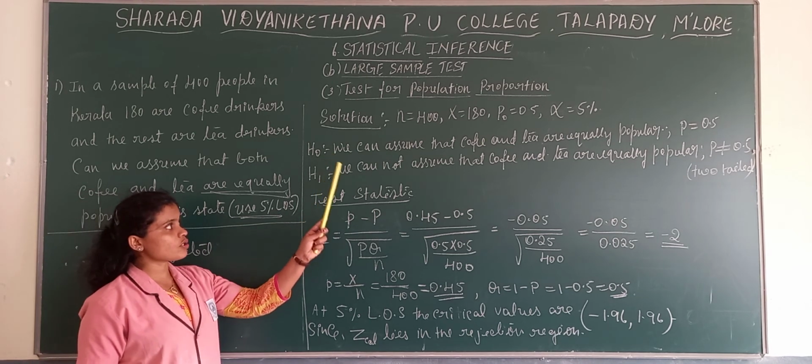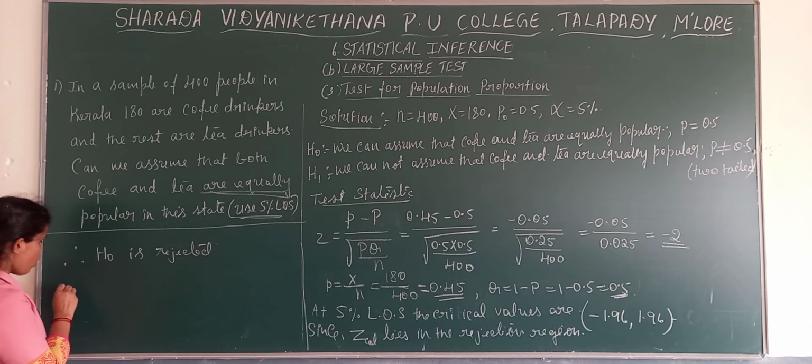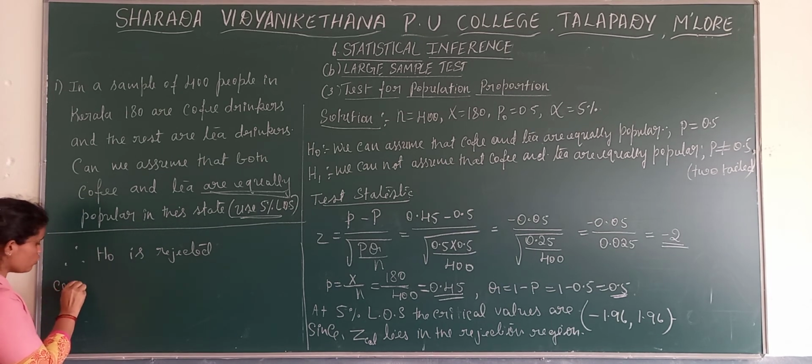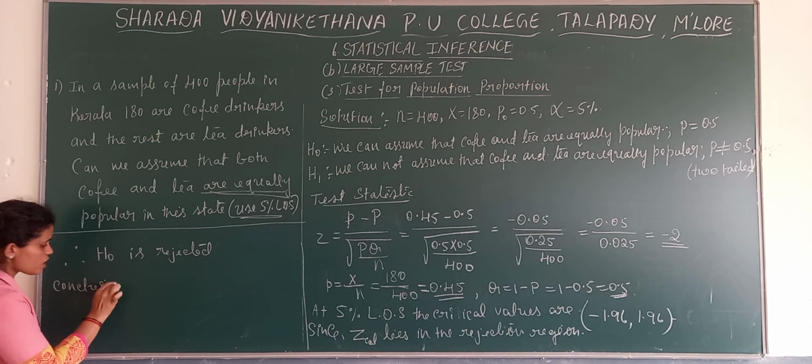If we reject H0, we need to accept the alternative hypothesis. Then write the conclusion. What is the conclusion?